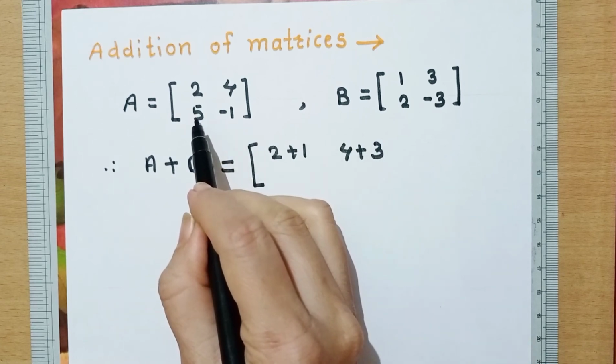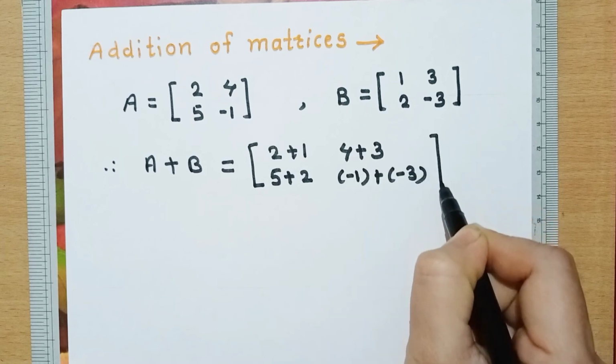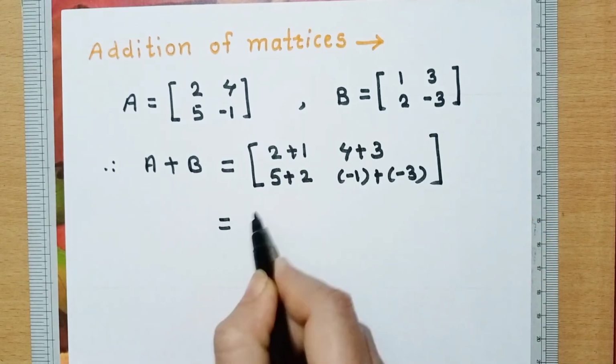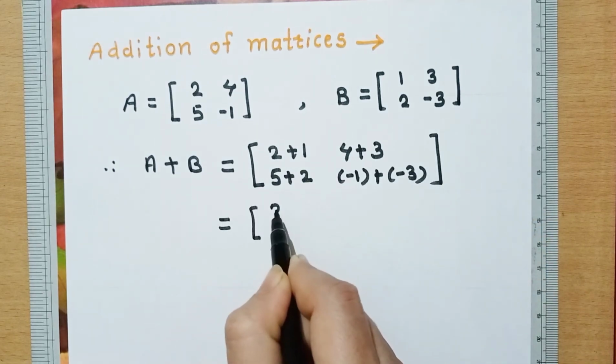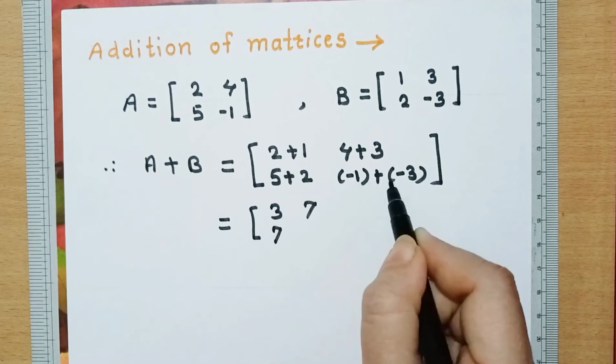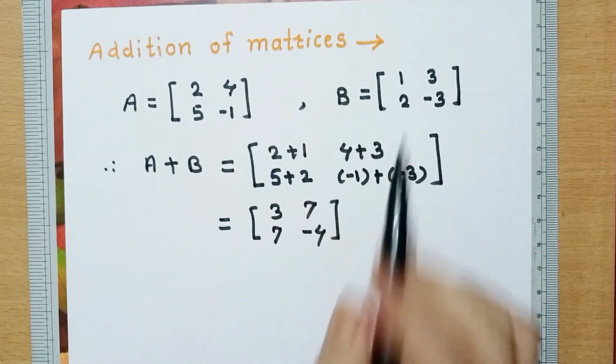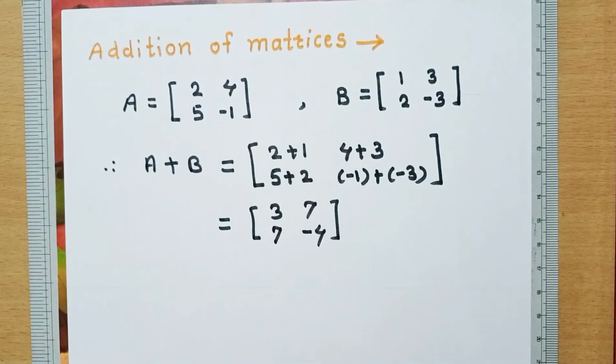Now the third one, 5 and here 2. So now simplify here. 2 plus 1 is 3, this is 7, this is also 7 and minus 1 minus 3 is minus 4. This is the addition of these two.